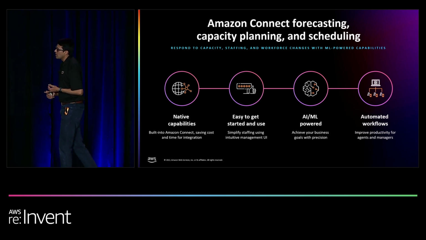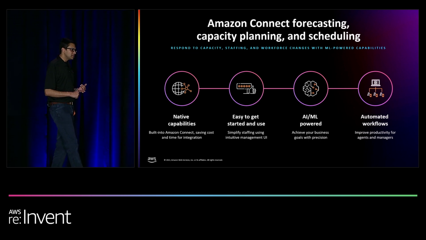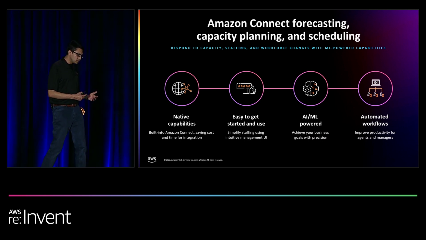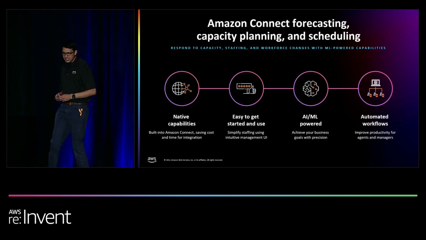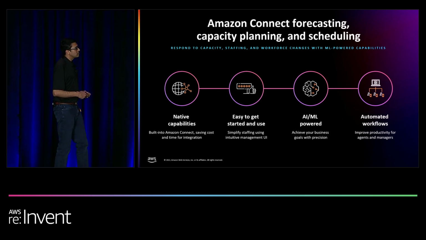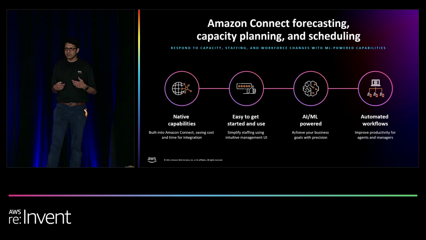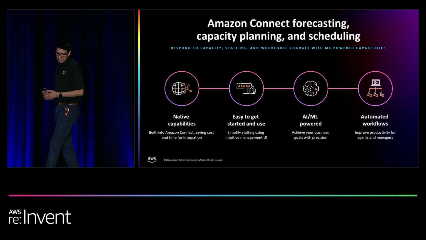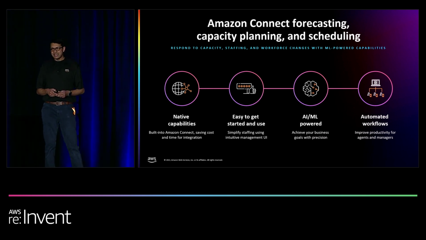You don't have to spend tons of money to integrate the solution. It's a native, out-of-the-box capability. I'm going to demo it to you as well and show you what it looks like. It just looks like Amazon Connect. So if you're used to Amazon Connect, you're just going to get the same, similar experience.